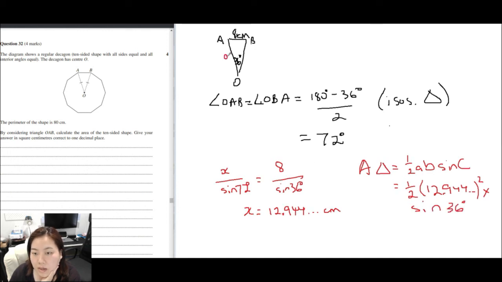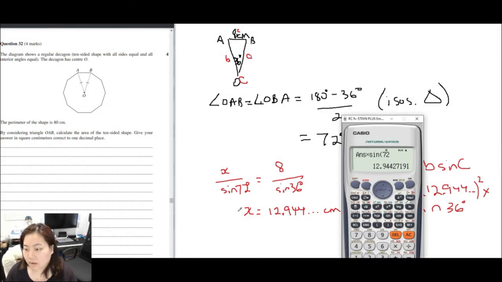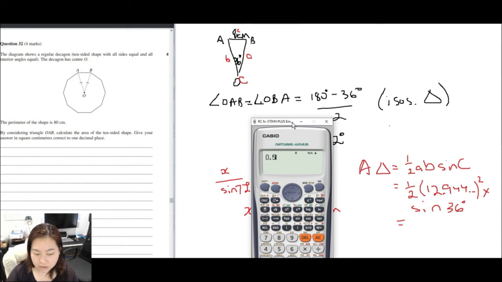So if that's A, that's B, then that's C, and this will be the angle. I could have just used the letters corresponding to it. If that's A, then this is A, that's B, then this is B, this is C, and that's C. Okay. 0.5 times answer squared times sine 36.